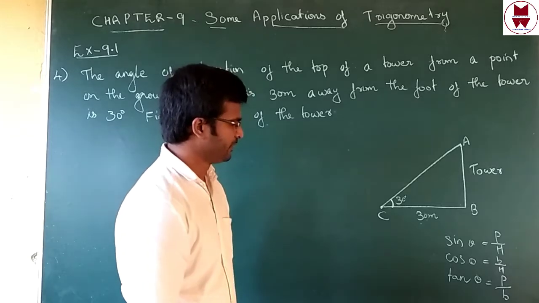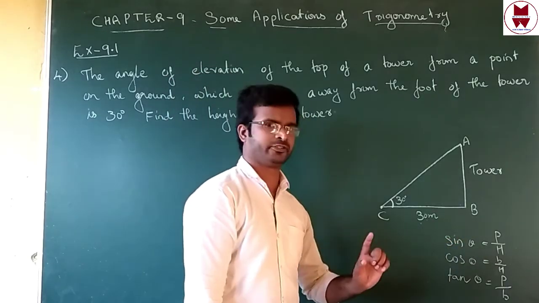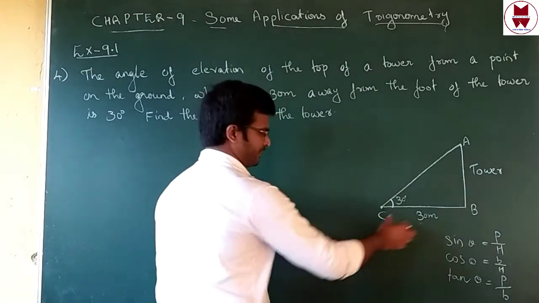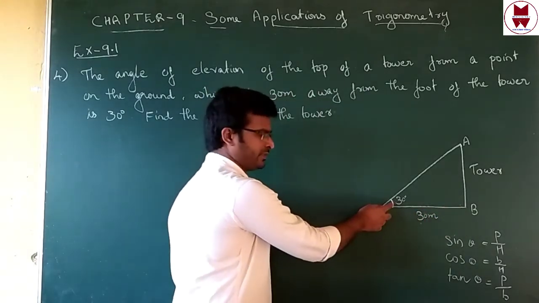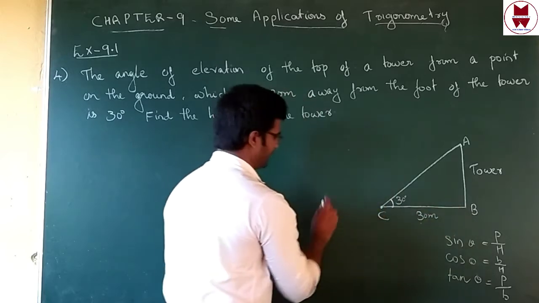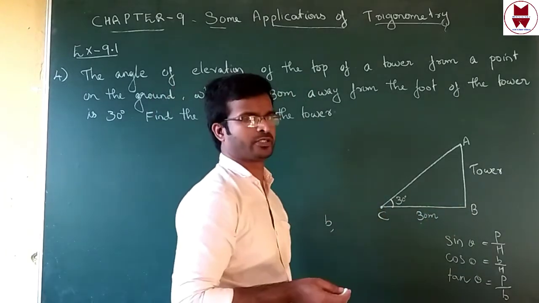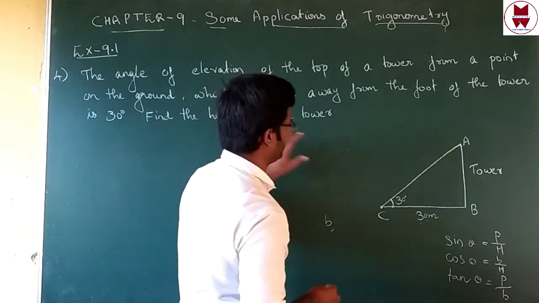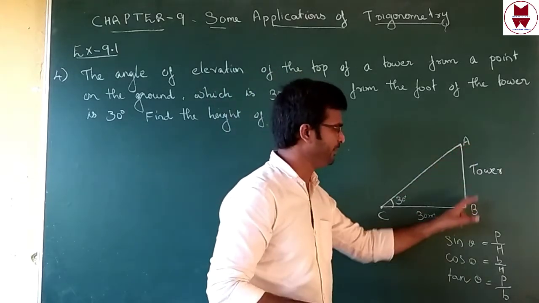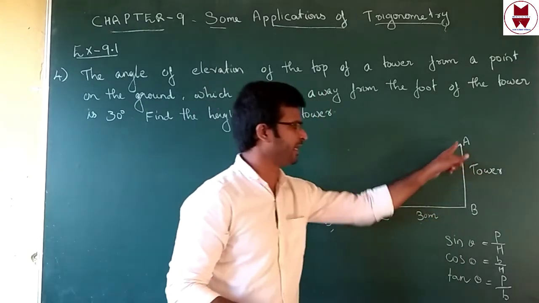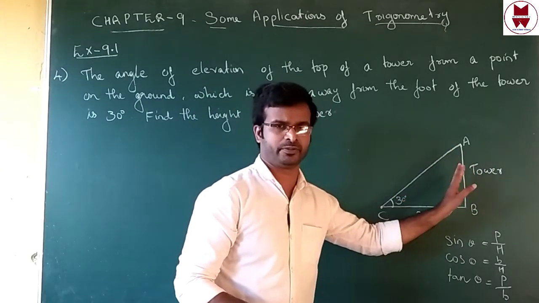Now we can see which trigonometric ratio we will use in this question. Check it. Already one measurement is given, that is base. According to this angle, this 30 meter is base. Then, what is our question? We have to find out the height of the tower. In here you can see AB is the height of the tower. Then according to this angle, what is AB? AB means perpendicular, isn't it?